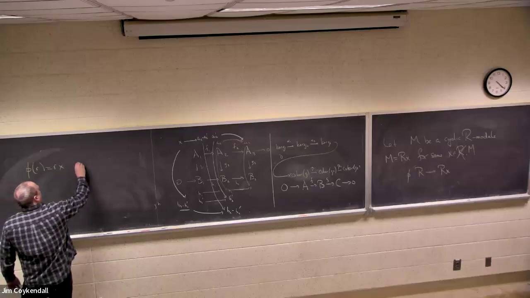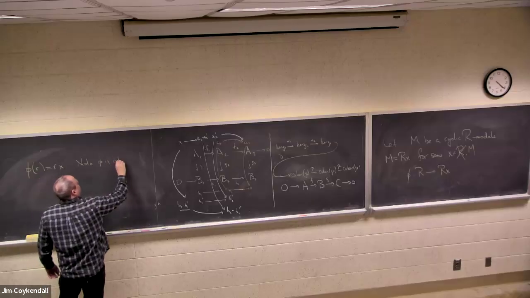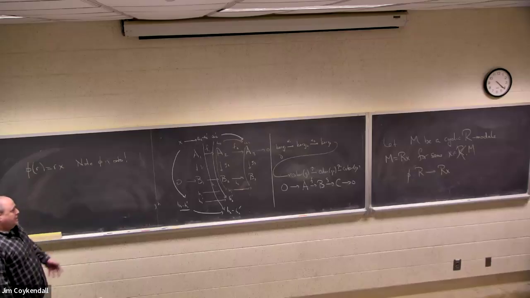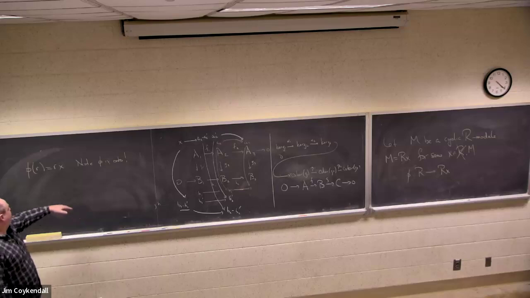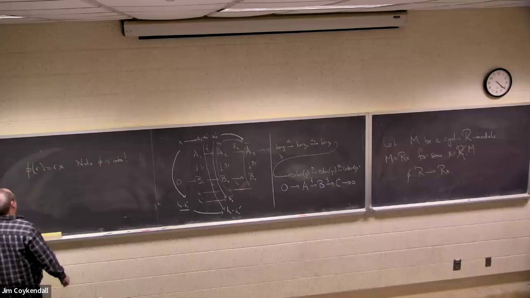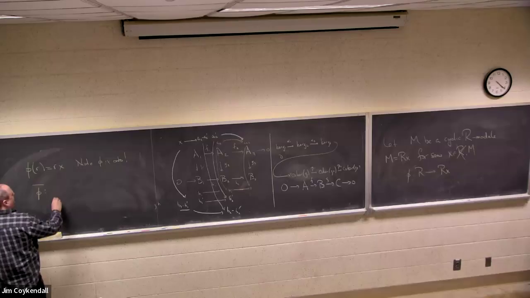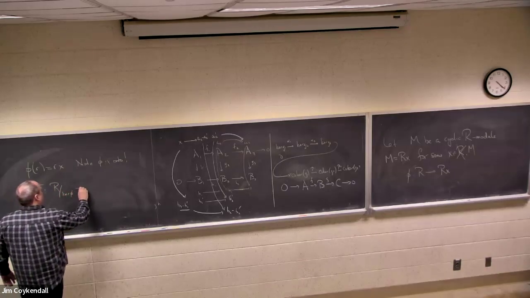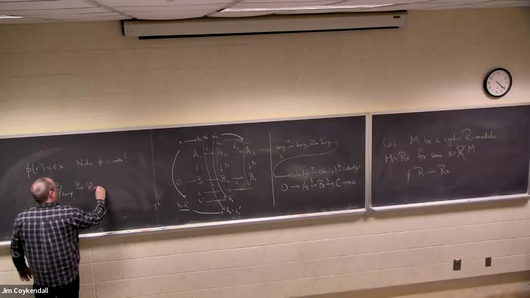Notice that phi is onto, because by definition everything in Rx is of the form little r times little x, and so there you go. So we have a nice morphism from R, and R mod the kernel of phi is isomorphic to Rx.